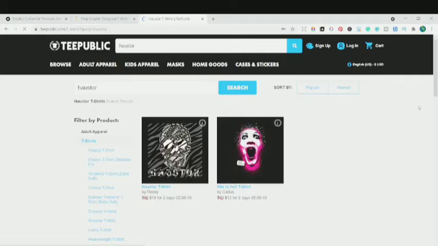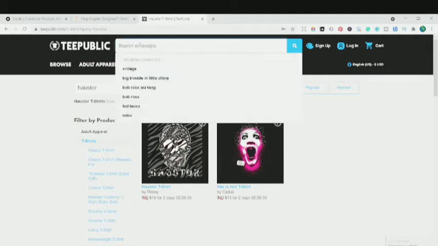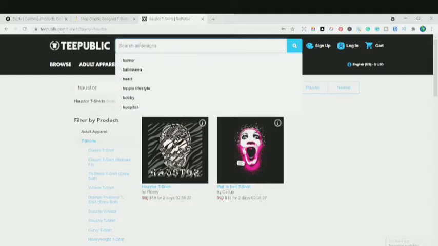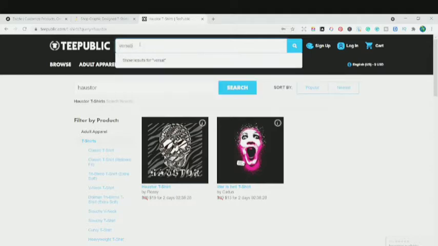So here we are. For the hoster you can only get two designs, which means it's still not that popular on TeePublic. Now I'll type the other trend, the versatile tractor.